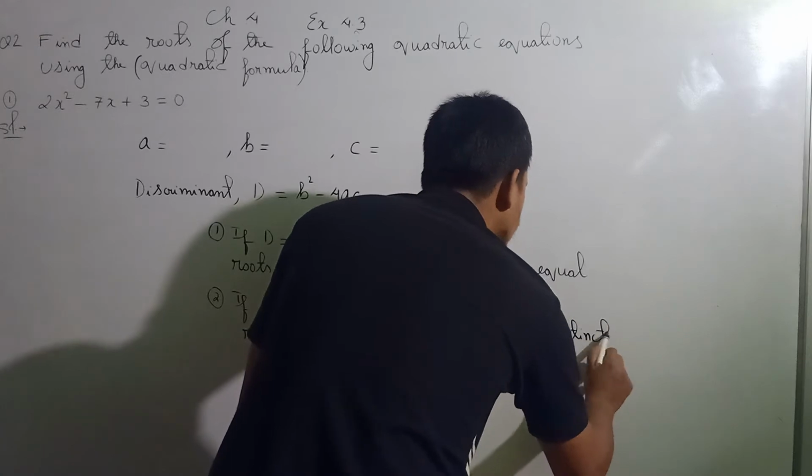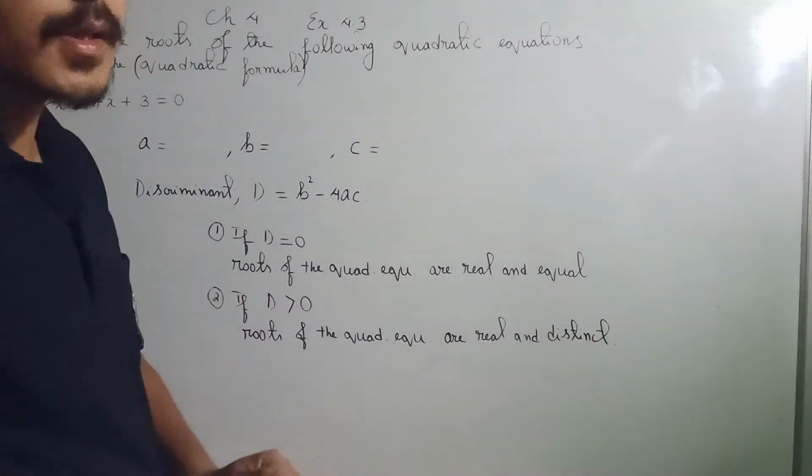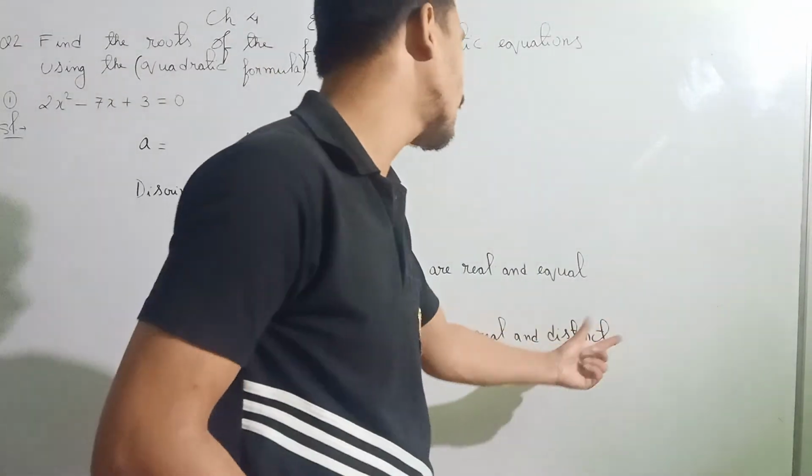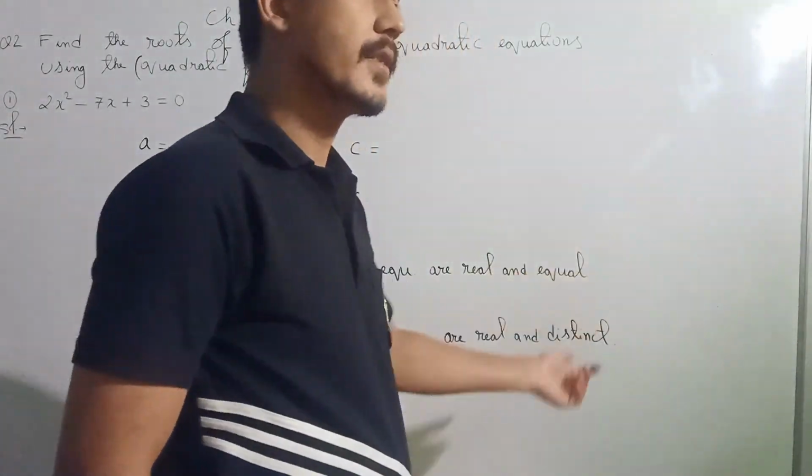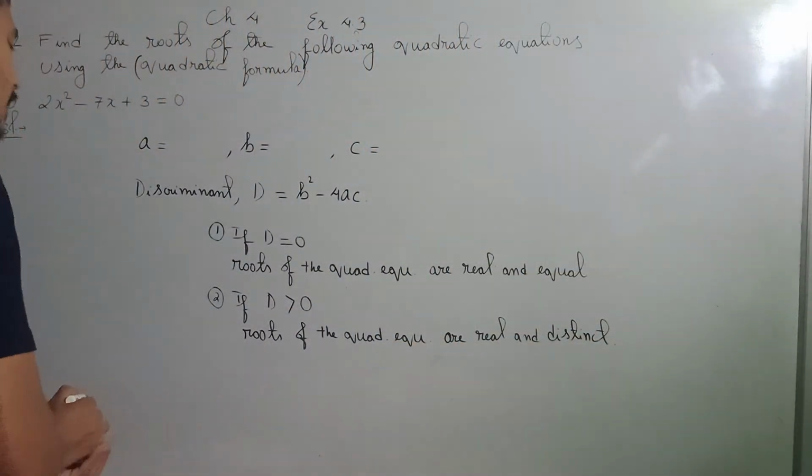Means the roots that you obtain will belong to real numbers and they will be different from each other. Distinct means different from each other.